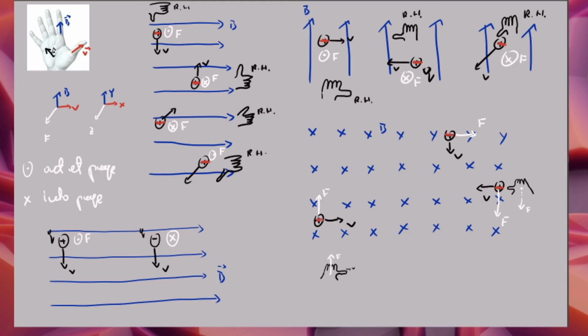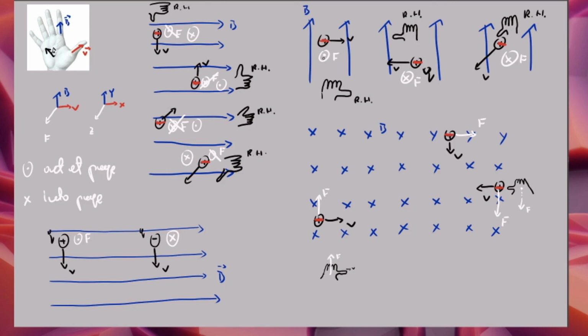If that were the case, then I would have to redraw all of the forces so that they point in opposite directions. So this one would point into the page. This one would point out of the page. This one would point out of the page, and this one would point into the page. I think you get the picture.